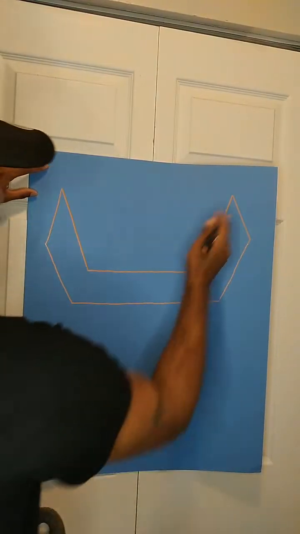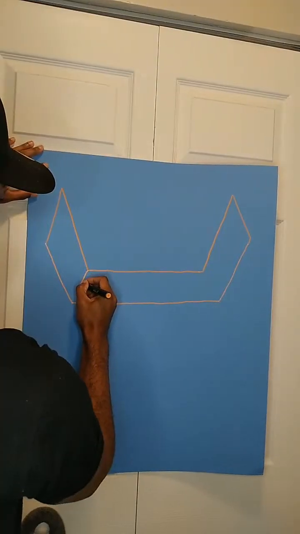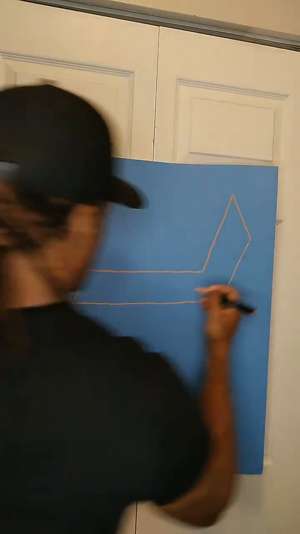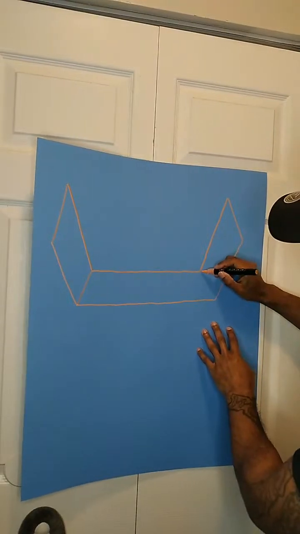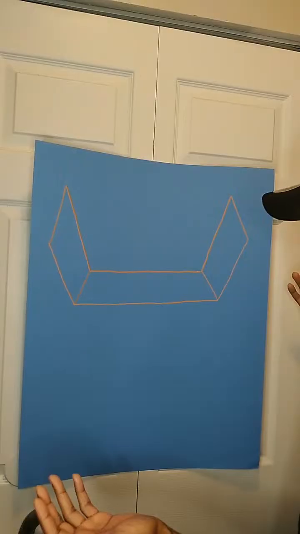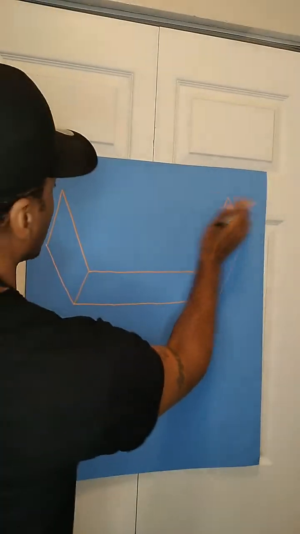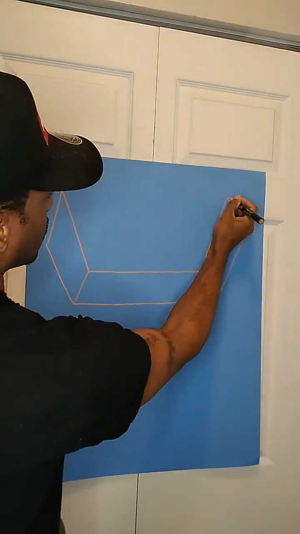So we have our corners, more like rectangles. But you can put anything that you want in the space. It all depends on how you see it. So let's connect.